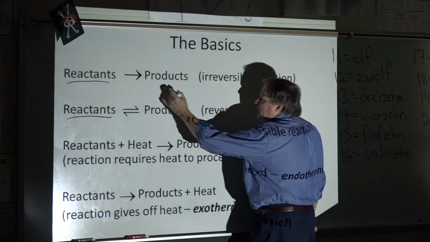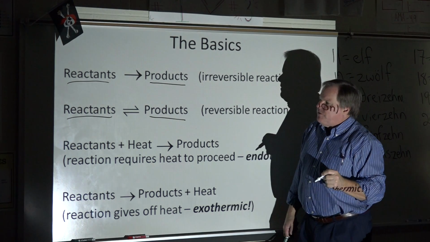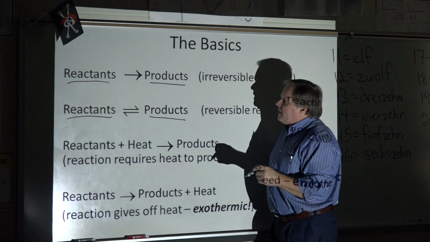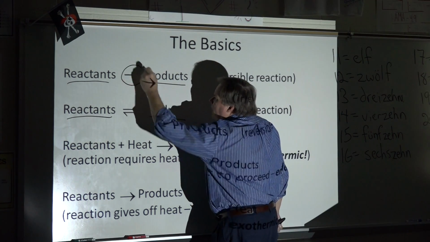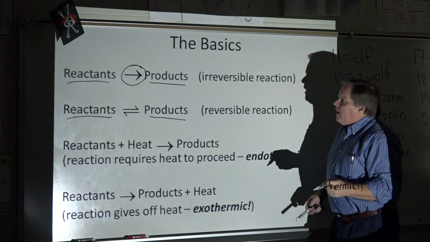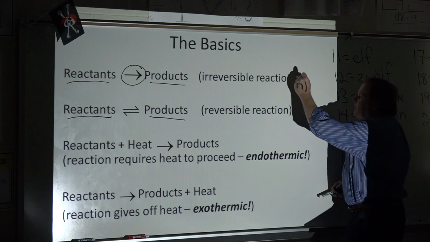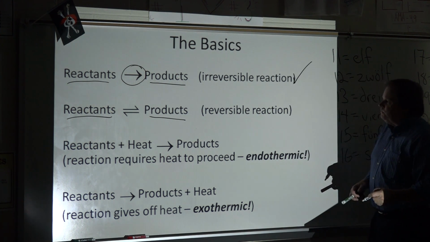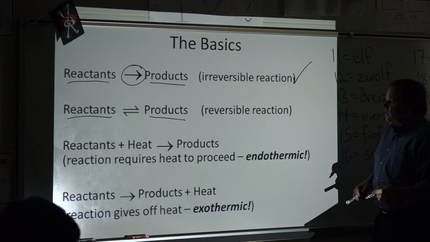You get products out on the other side, and we use 2 types of arrows to tell us something about that reaction. If we use a forward arrow that has no indication of going backwards, this is an irreversible reaction. So if you see that one type, it's irreversible.